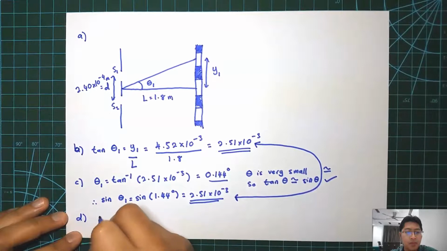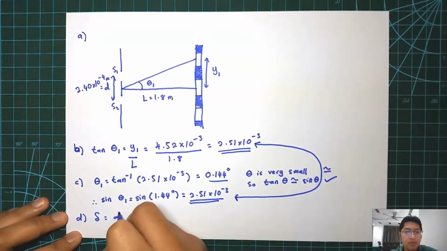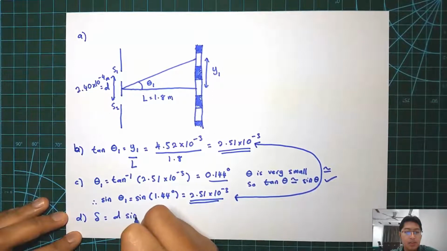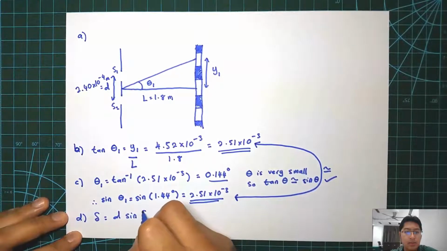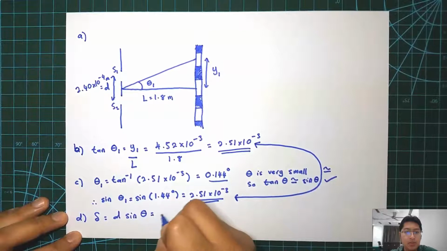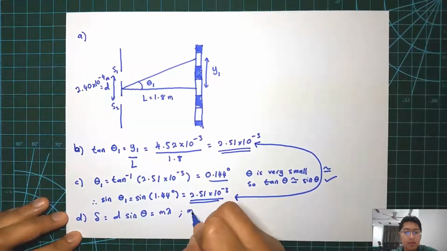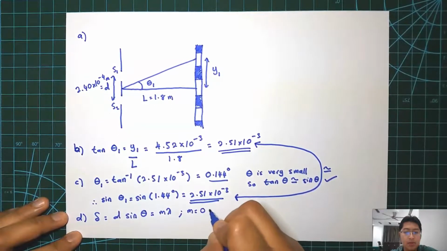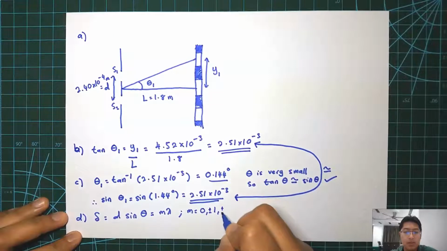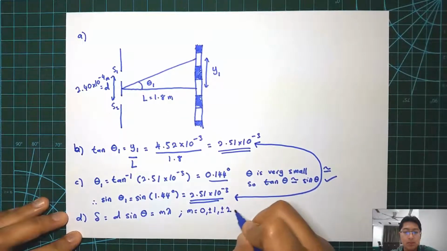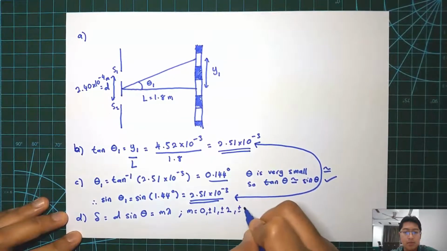And then for D, this is the path difference, d sine theta. d is the separation distance of the slit. d sine theta equals m lambda for the condition of m equals 0, plus minus 1, plus minus 2, plus minus 3.